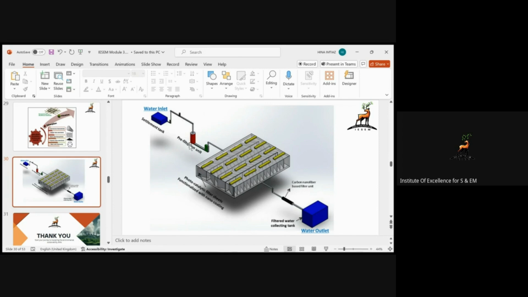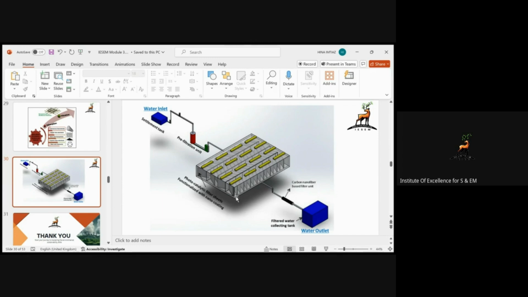After the pre-filtration unit, the wastewater is transferred into that particular chamber in which the photocatalytic filter sheets have been arranged in such a manner that the maximum water comes in contact with that sheet.